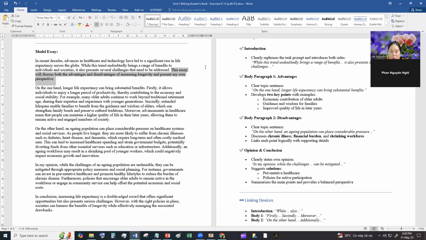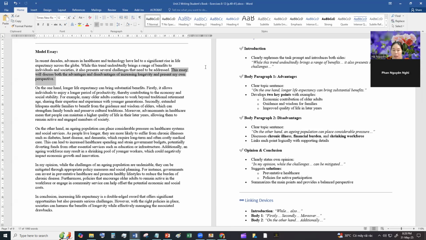They can be solved through policies. So does the writer lean more towards the advantages or the disadvantages? The advantages. That's right. Okay. So although there are challenges, although there are downsides, with appropriate policy, this trend has more significant advantages.